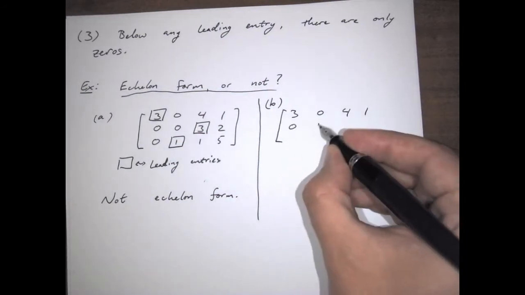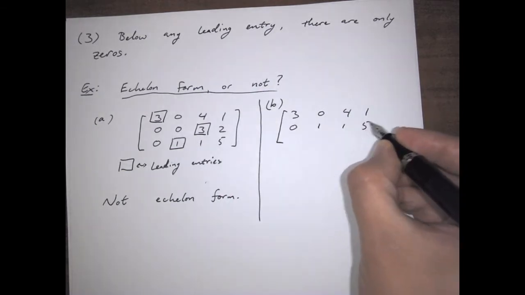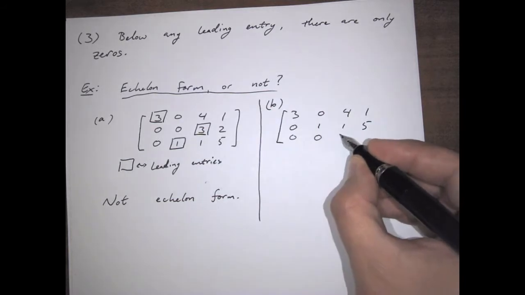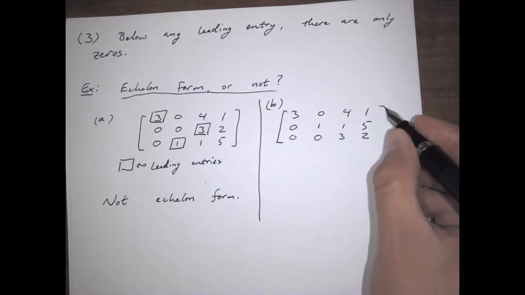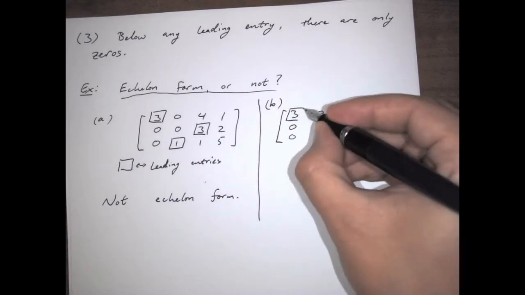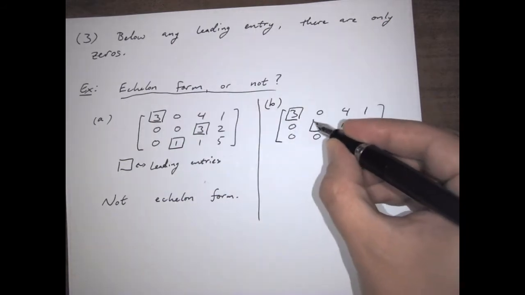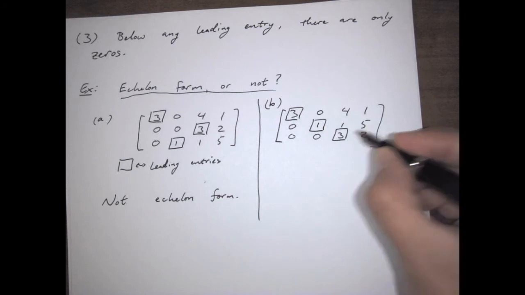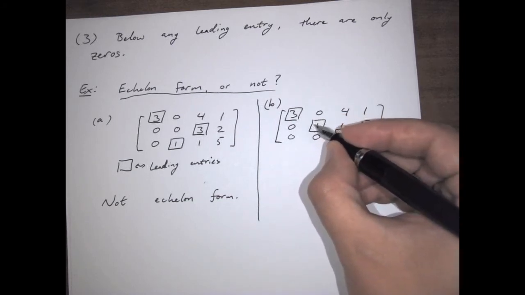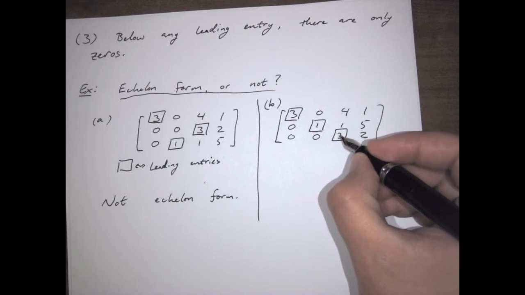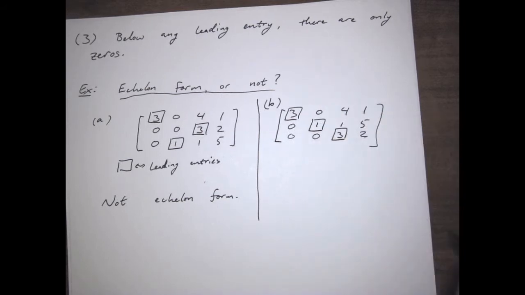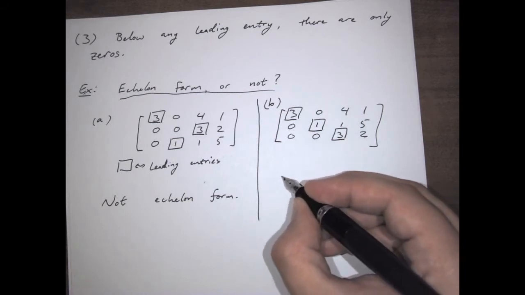So 0, 1, 1, 5, and then lastly 0, 0, 3, 2. So now, again, the leading entries are going to be put in the little boxes here. And now you can see that as we move down, the leading entries move to the right. There's nothing but zeros under each of the leading entries. And so this is echelon form.